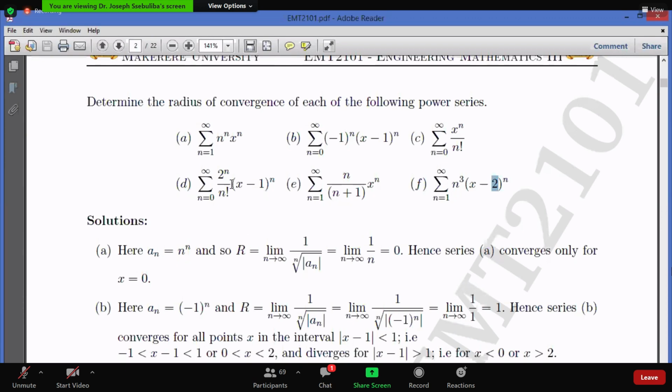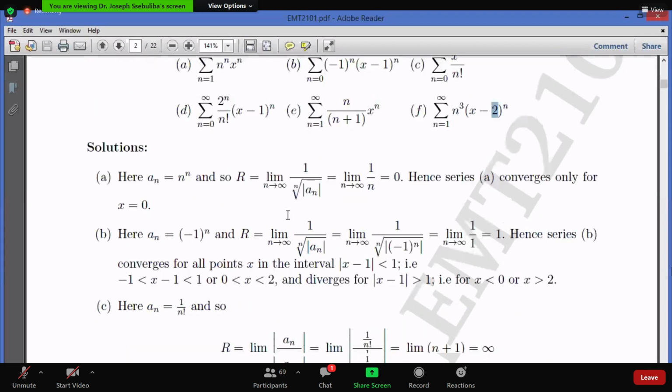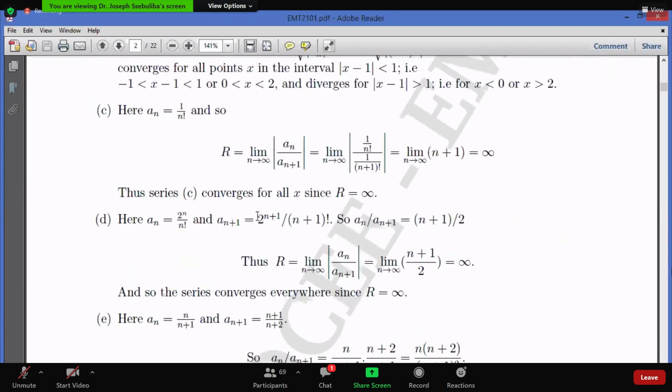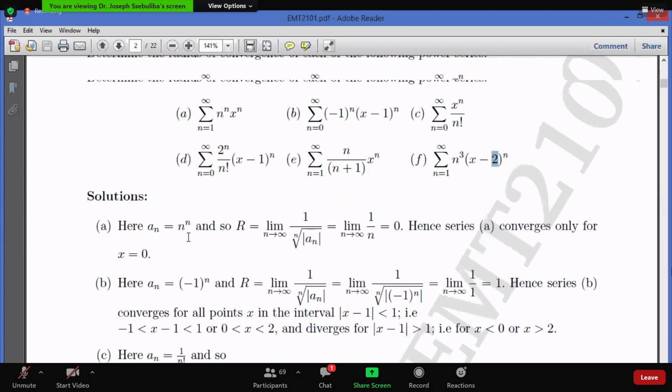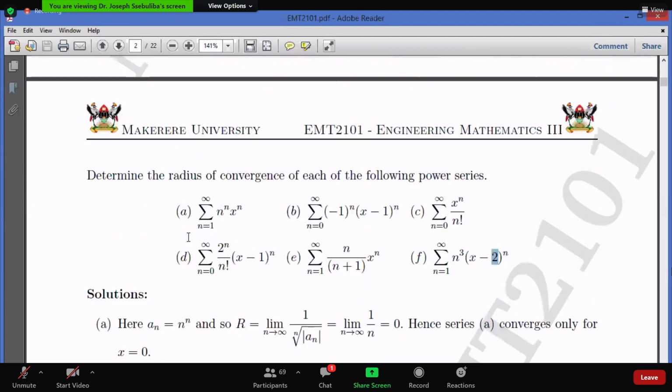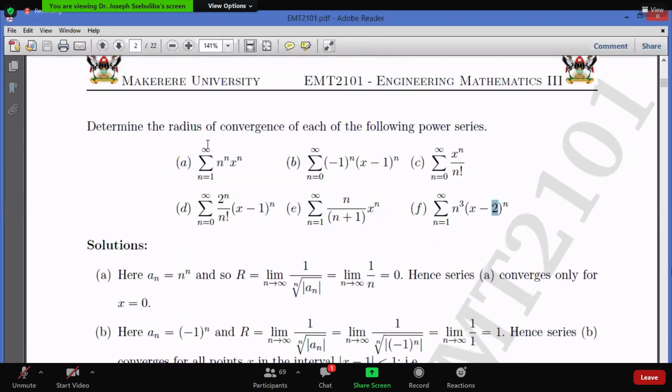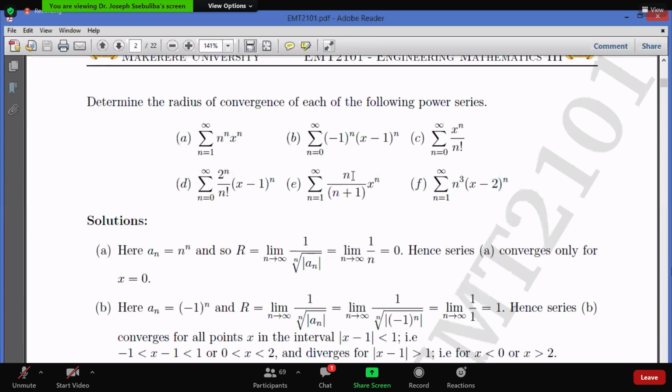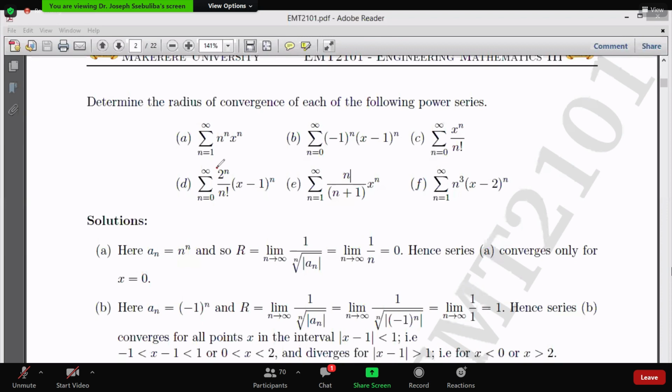our an? Our an is 2 to the n, over n factorial. So we bring in our ratio test, which is this one here. In this case, an is the term you have, the whole of that.